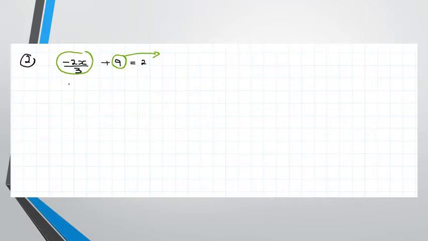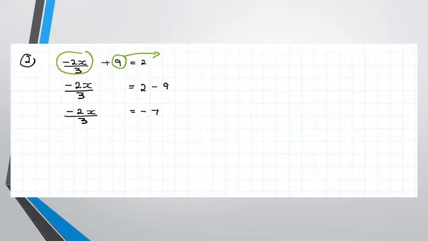So I'm left with minus 2x divided by 3 equals, and as the 9 crosses over, it becomes minus 9. So I have minus 2x divided by 3, and on the right hand side, 2 minus 9 gives me minus 7.